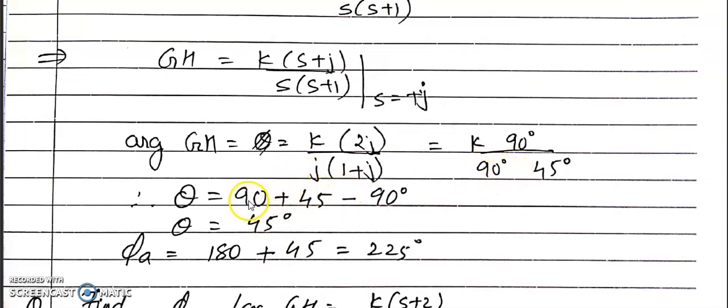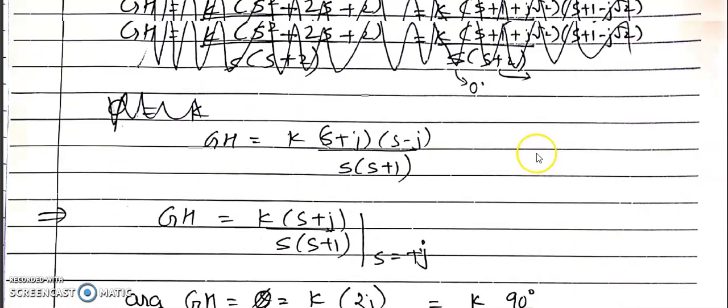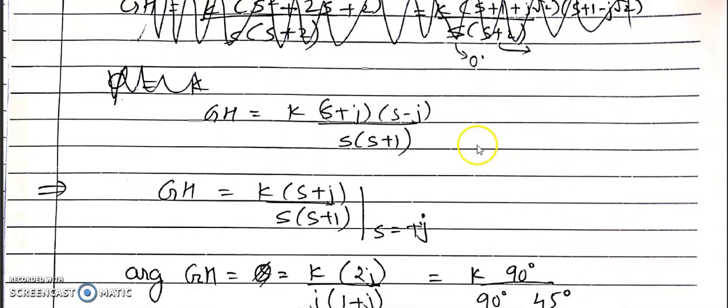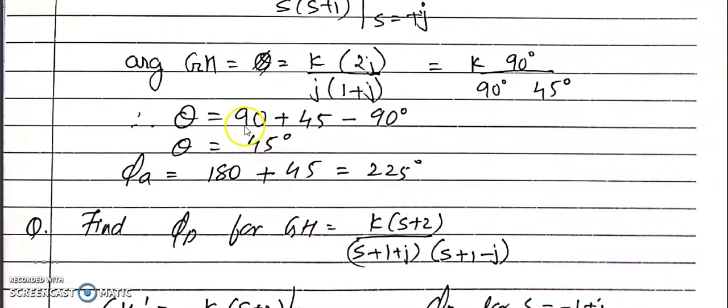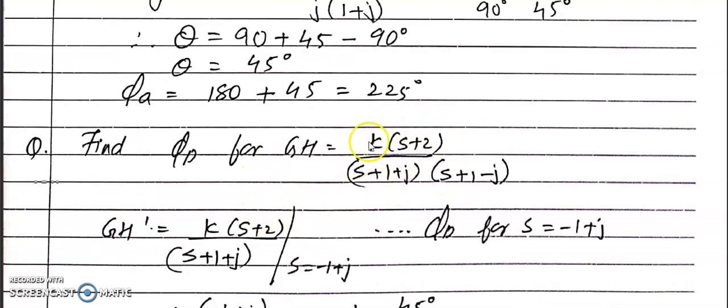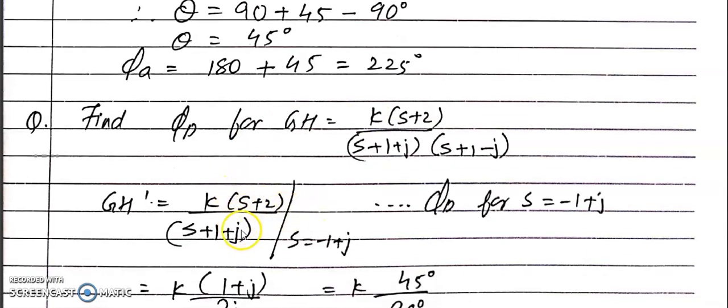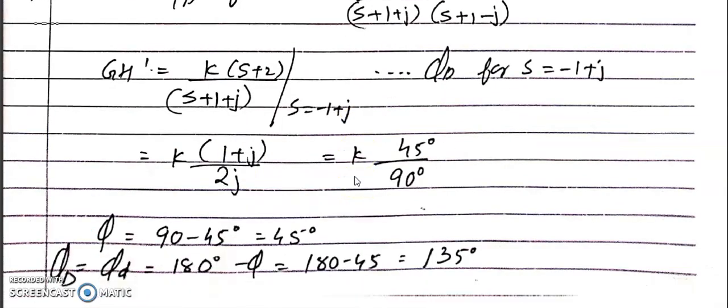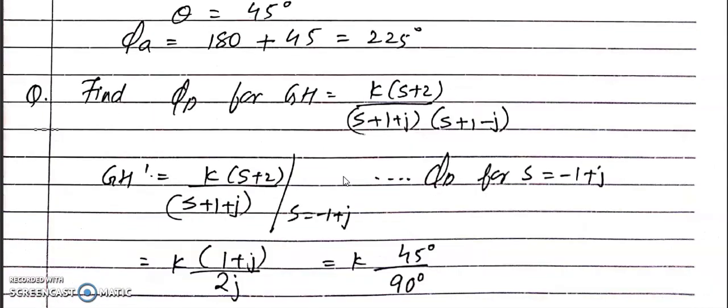So your angle will be the summation of the angles of poles minus the summation of the angles of zeros, which is 90 plus 45 minus 90, and this you will get as phi a. Then phi d we can similarly calculate. I will leave it up to you, and then you can find the angle of departure and angle of arrival.